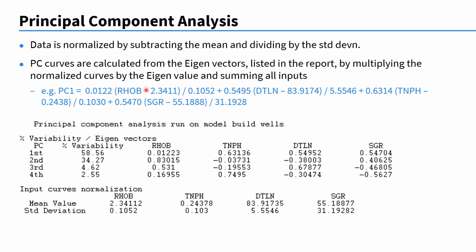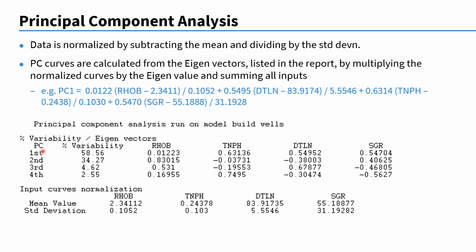In this example, once the module was run, it gives the eigenvector, right? And the eigenvector shows the percentage of variability for those logs that were used in the model. So we're still using the same logs: density, neutron, sonic, and gamma ray.